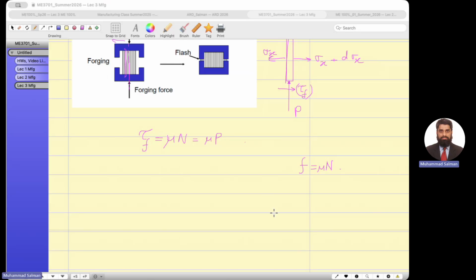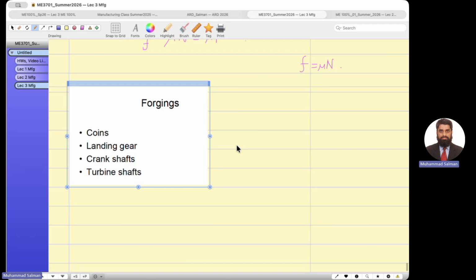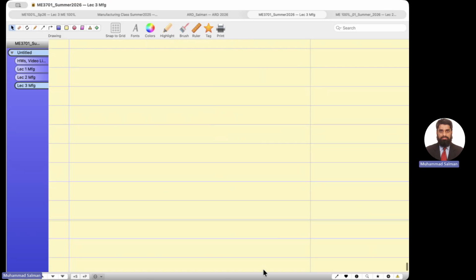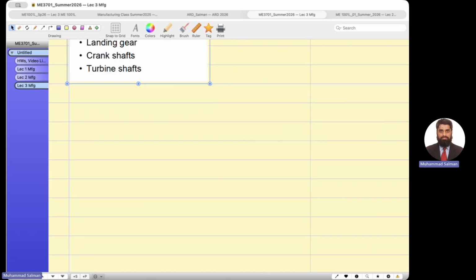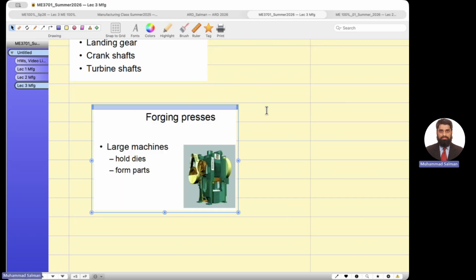Forging types, as I mentioned earlier: the coin, small scale; landing gear, large scale; crankshaft, medium scale; turbine shafts, large scale. Forging presses hold dies and form parts.